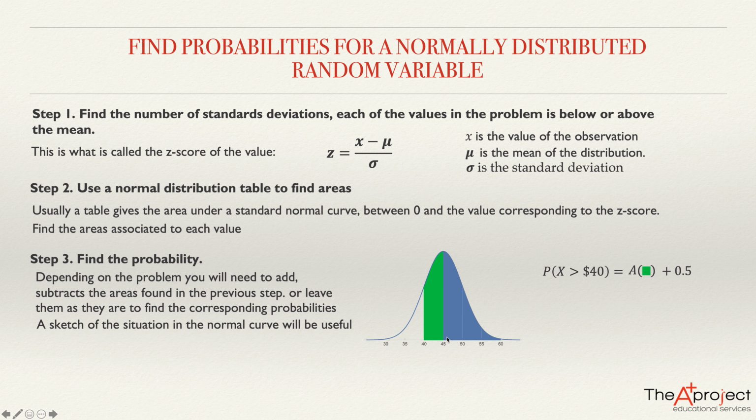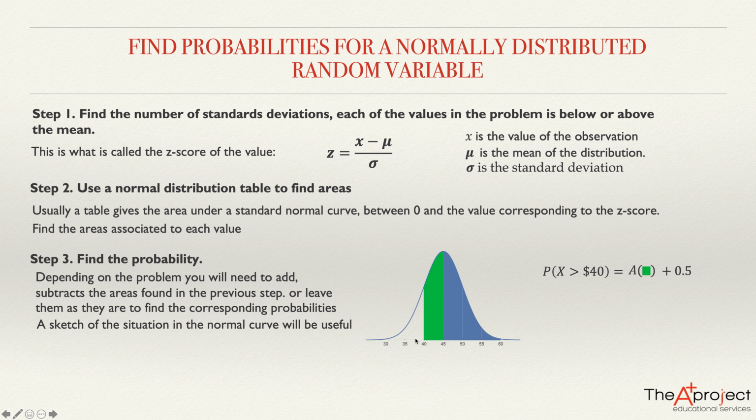If you want to know this probability, and you know that the table only gives you the area between the number and the mean, and the other area is 0.5, you are going to need to add together the two areas. So in this case, you need to add the areas.